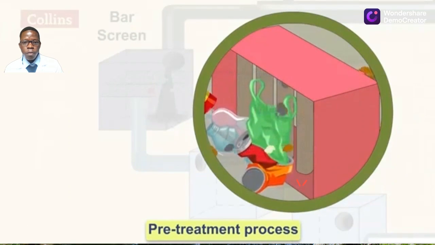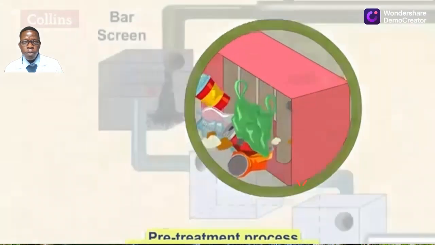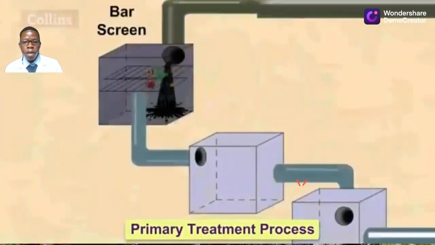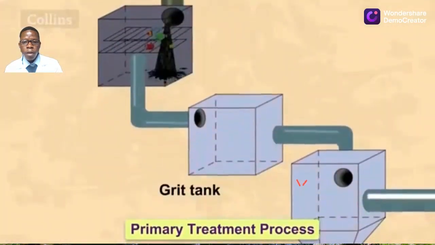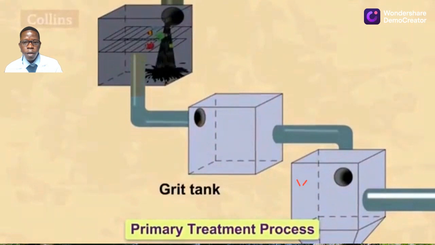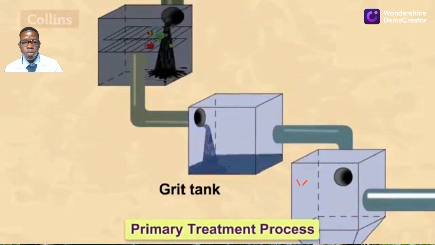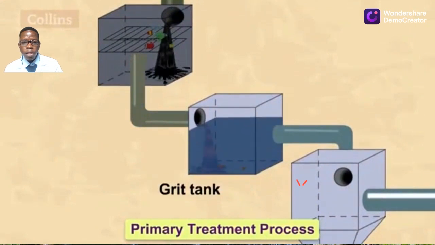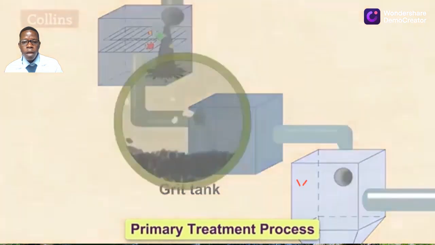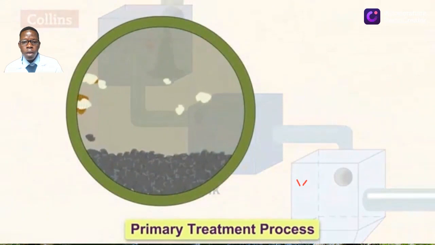So we have looked at three stages so far: pre-treatment in industries, preliminary treatment during the flow, and then the screening. After water has been screened, it will be allowed into the grit tank, where the large particles that escaped from here, the particles like the rocks, the grit or the sand, are going to be eliminated by allowing them to settle at the bottom.